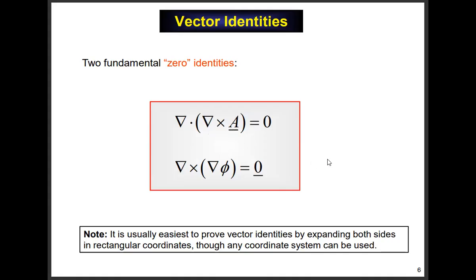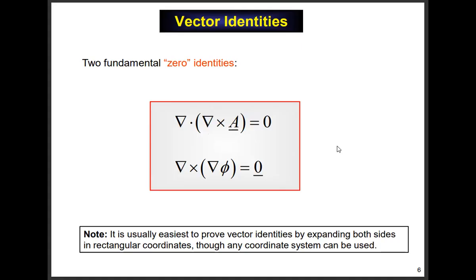Let me make a note on proving identities. Now, if a vector identity is true, then it should remain true in any coordinate system. So when you prove a vector identity, like for example this first one here, you're free to prove it in any coordinate system you want. If you prove it in any one coordinate system, it should be true in any coordinate system.